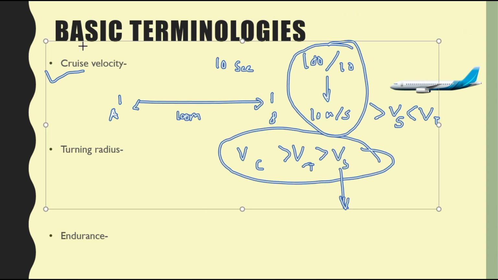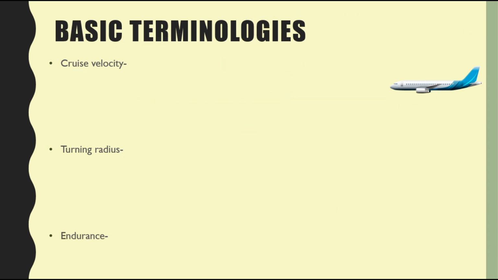Now, the next term I have is the turning radius. Turning radius is not that critical a part when you are designing an RC aircraft, because it doesn't matter for you in how much radius the aircraft is going to turn. Assume this is the top view of the aircraft flight.